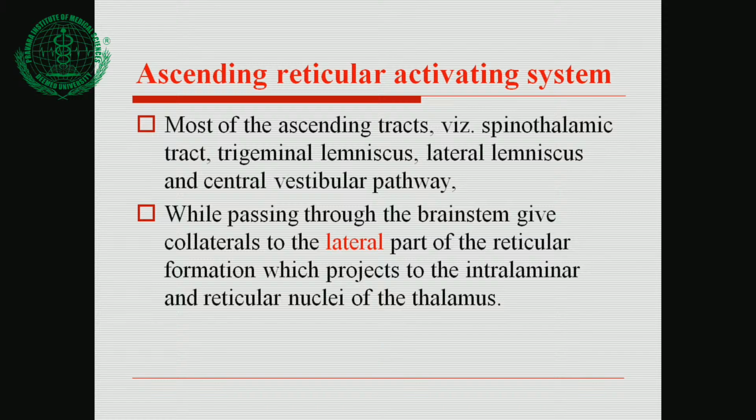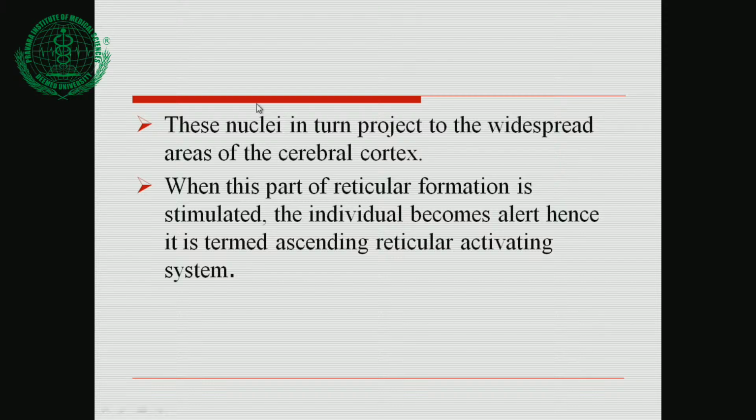These nuclei in turn project to widespread areas of the cerebral cortex. When this part of the reticular formation is stimulated, the individual becomes alert. Hence it is termed the ascending reticular activating system.